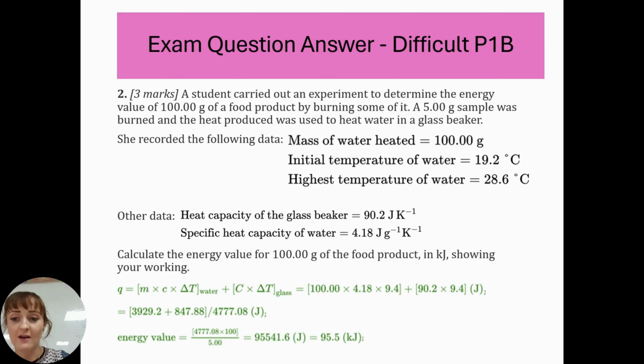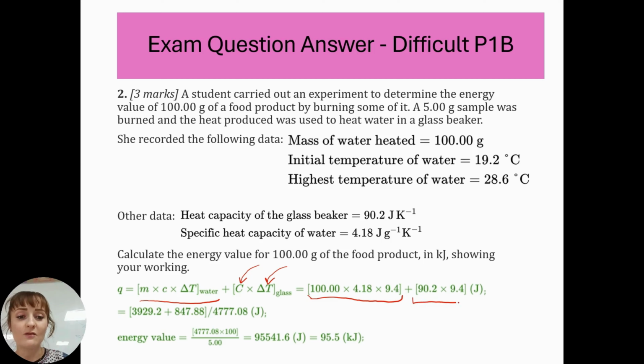So if we work out Q equals mc delta T of the water, same as normal, our calculation looks no different than the one we just discussed. The challenge here is making sure that you don't just ignore the fact that the glass is also absorbing some of the energy to raise its temperature by the same amount.